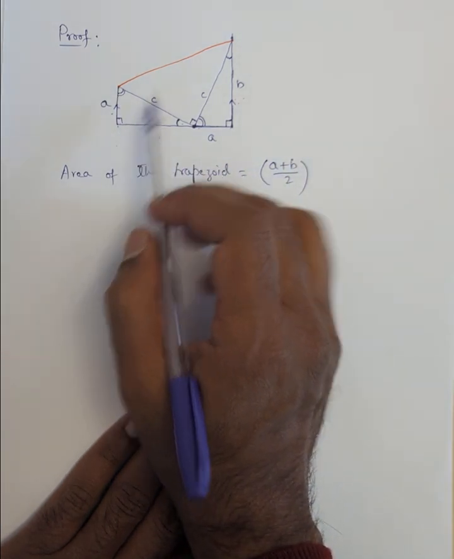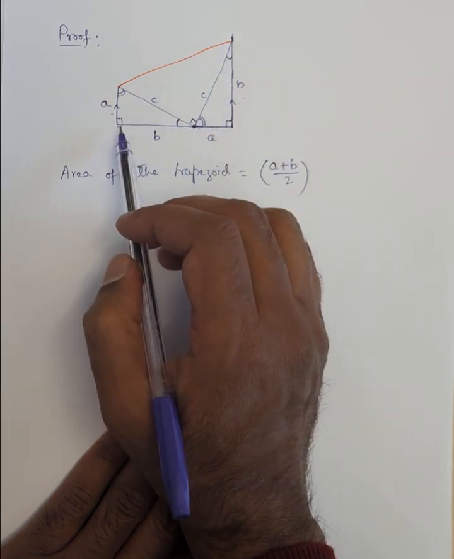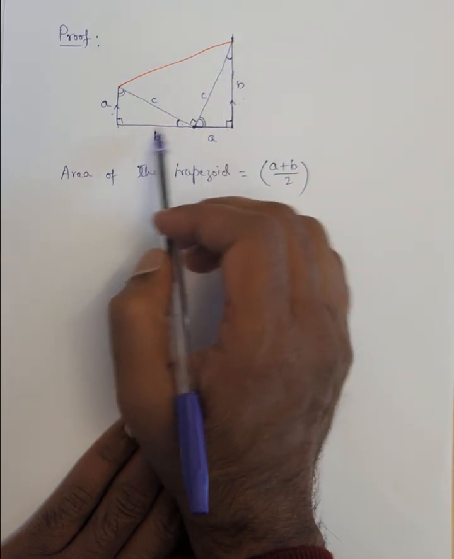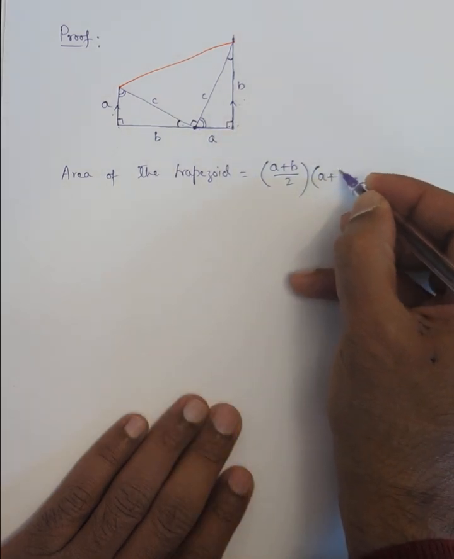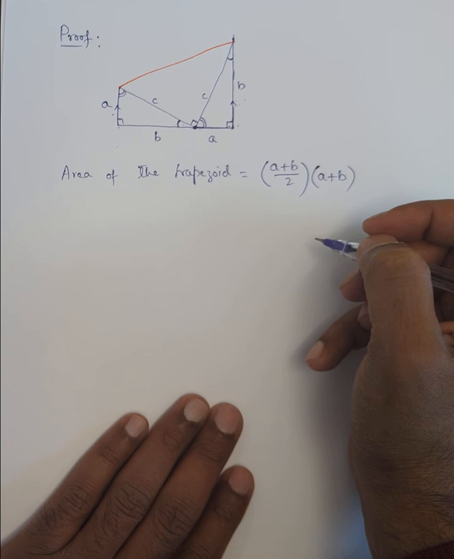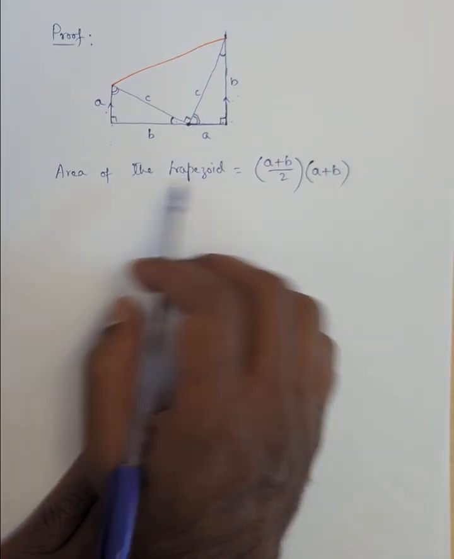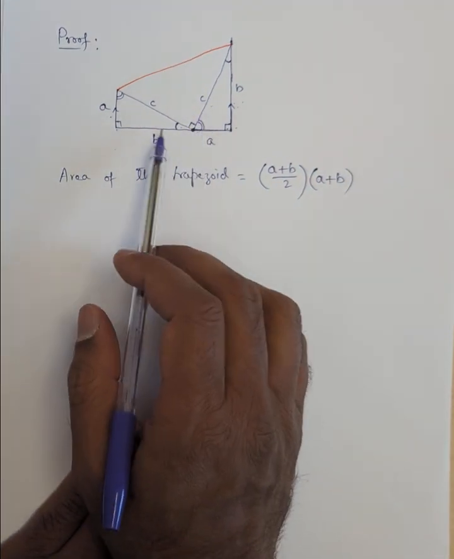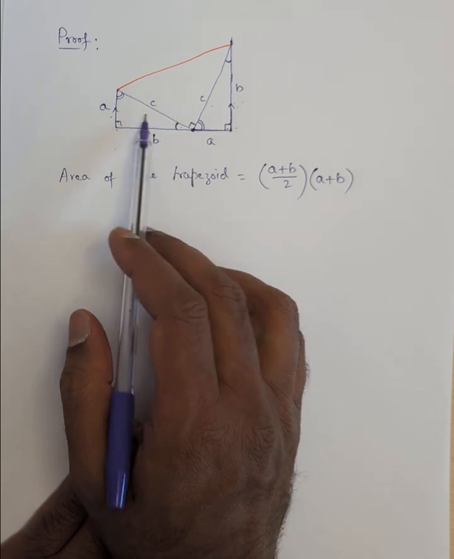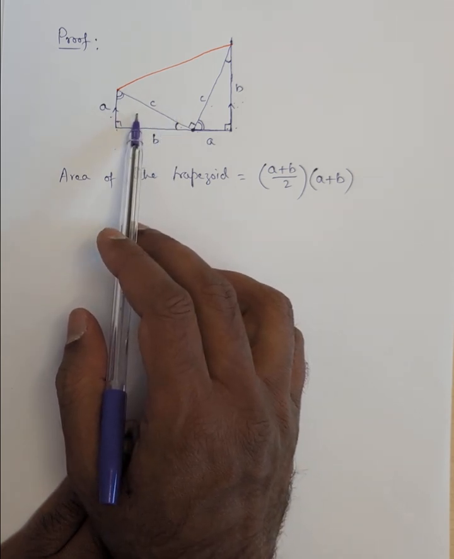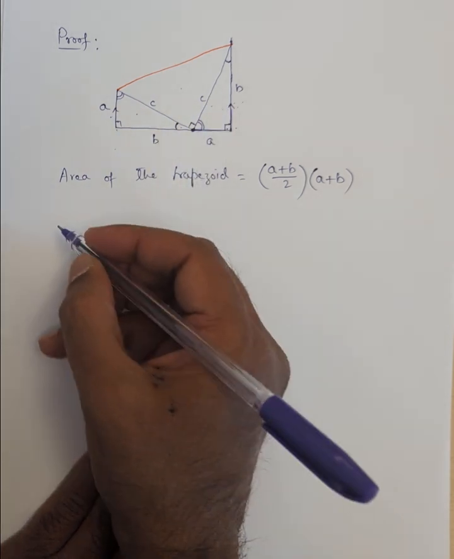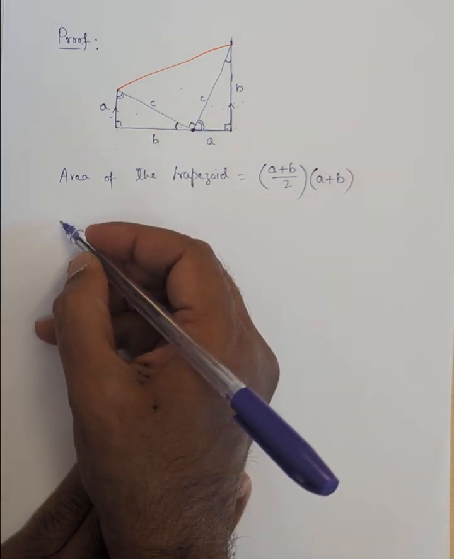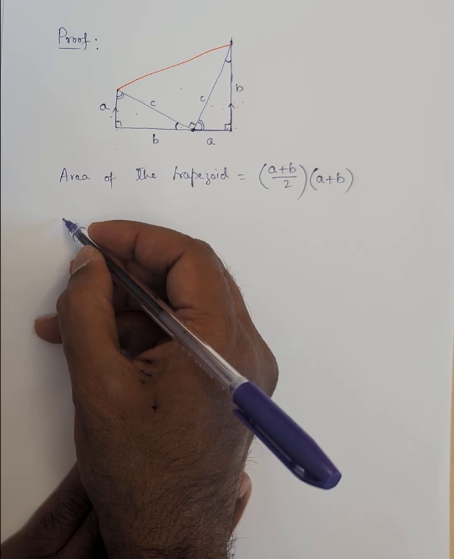And the height is nothing but the distance between the bases, which is B plus A or A plus B. All right, so this is the area of the trapezoid from the formula. But the trapezoid is made up of this triangle, that triangle, and this triangle. There are three triangles. And what are the areas of each of those triangles?